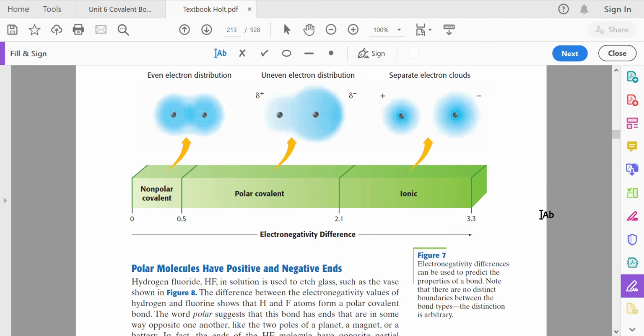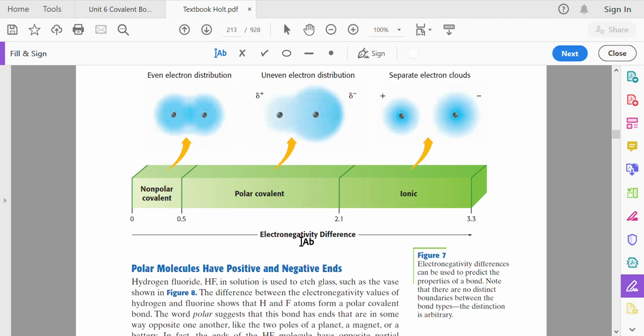And here is a graph that helps you understand the differences between the different types of bonds based on electronegativity differences. When I say electronegativity differences, you take the electronegativity of the particular elements in the bond and you subtract. So if the difference is less than 0.5, it's a non-polar covalent bond.